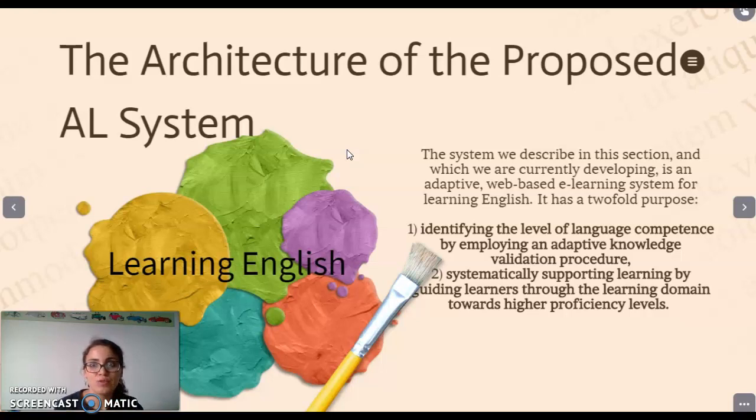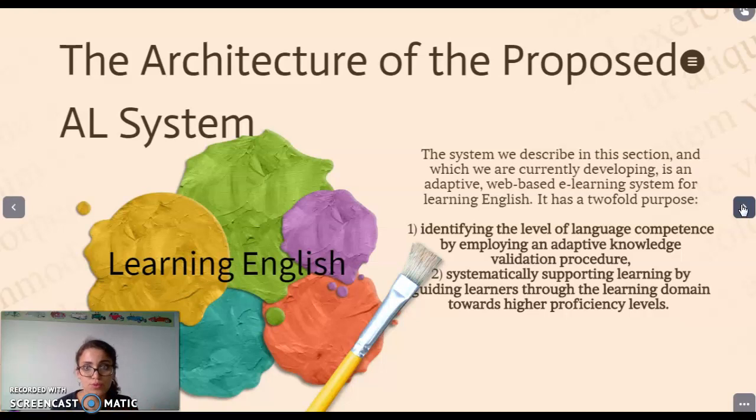It has a twofold purpose. First, identifying the level of language competence by employing an adaptive knowledge validation procedure. And second, systematically supporting learning by guiding learners through the learning domain towards higher proficiency levels.